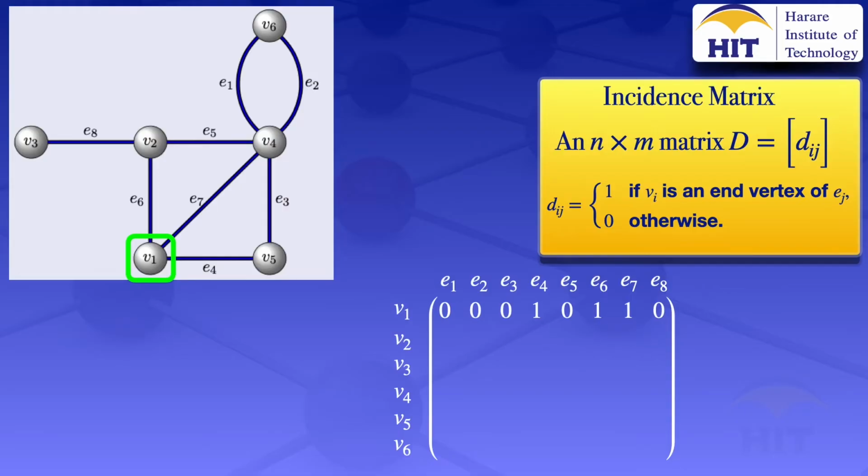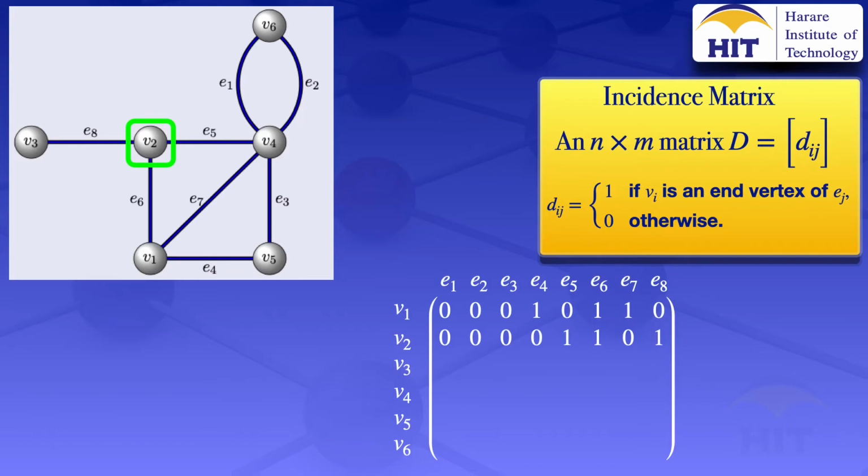We now go on to vertex number 2 so that we look at the second row. Vertex number 2 is an end vertex for edges E5, E6, and E8. So in our matrix where we have E5, E6, and E8, I'll put 1s there. And the definition says 0 otherwise because it doesn't have the other edges. So put 0s.